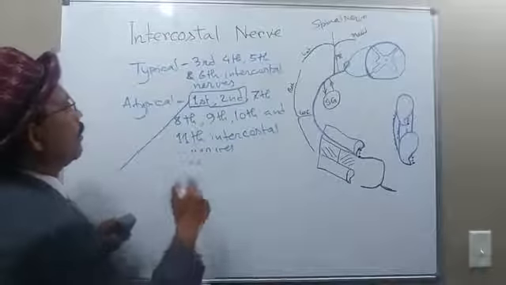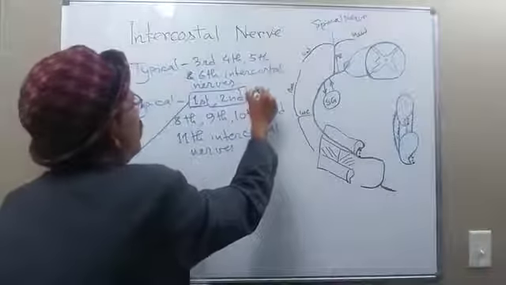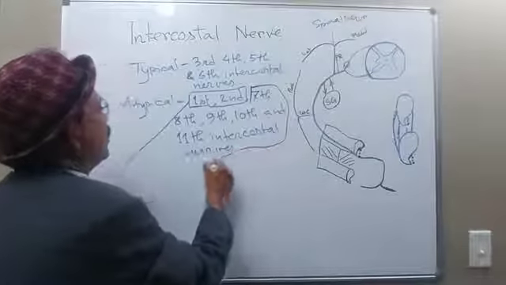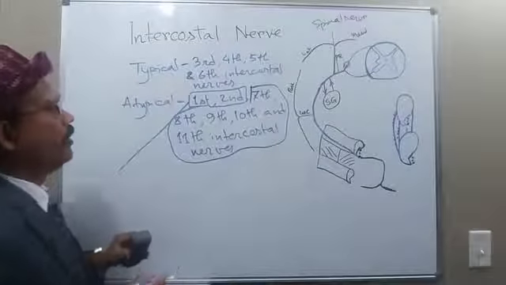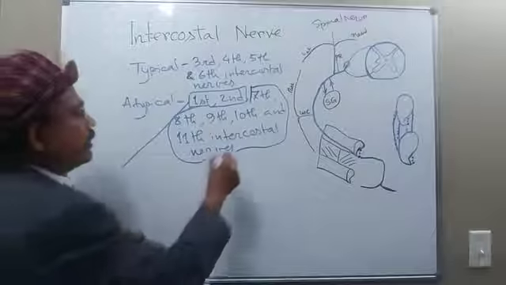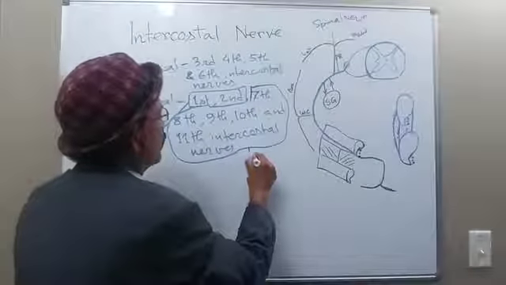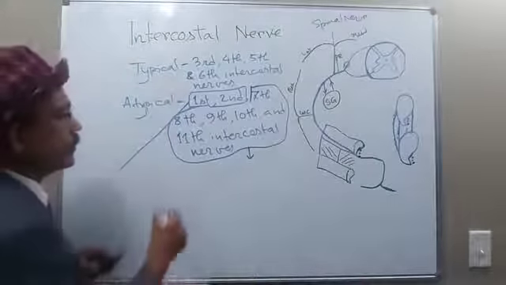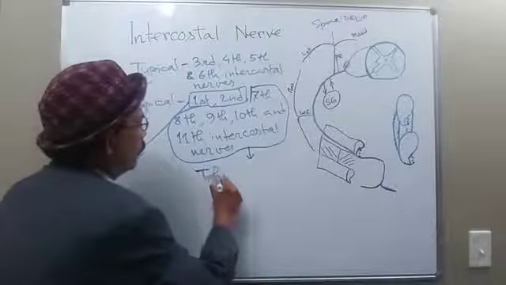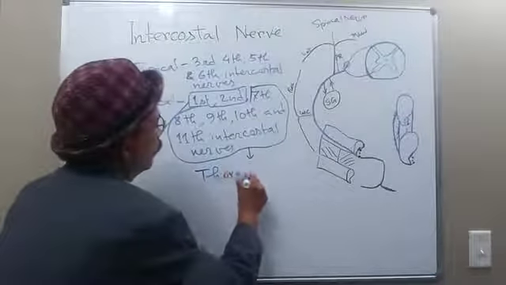How about the seventh, 8th, 9th and 10th intercostal nerves? They are called thoraco-abdominal nerves.